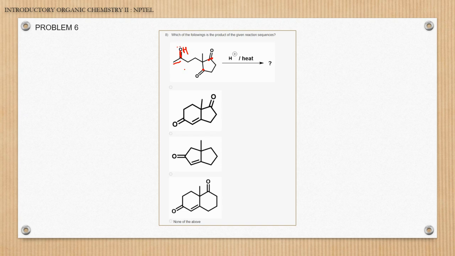As we have seen in the previous case of Robinson annulation, this oxygen lone pair will come down and this negative charge will attack on this carbonyl group, giving you how many ring formation? How many members in the ring? 5 or 6.